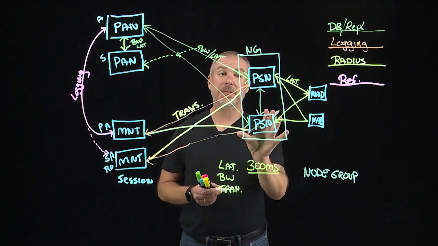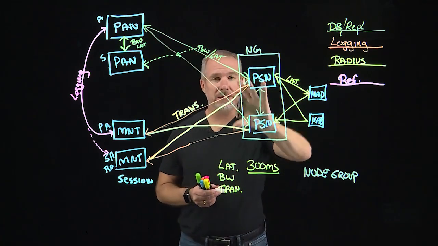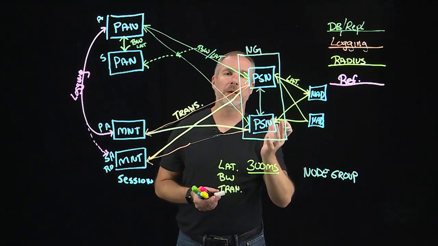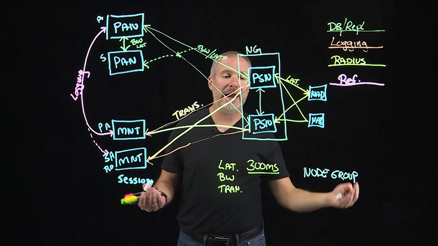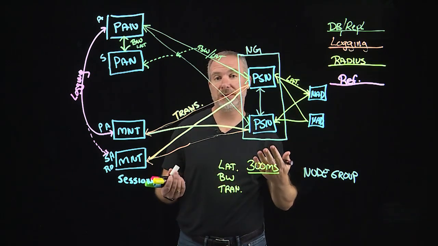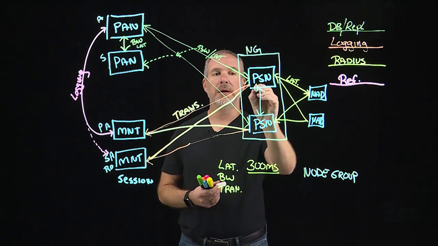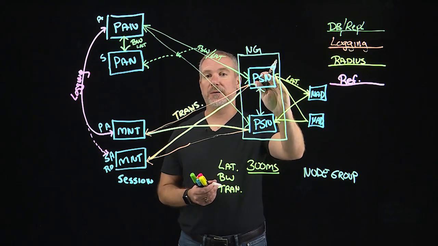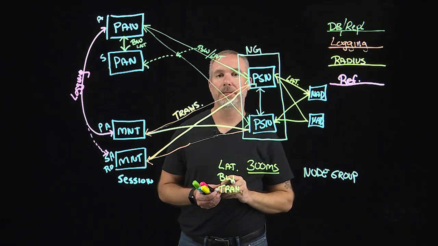This optimizes replication because there's less that has to be sent back up and over, since they're already updated locally in their group. It also helps me from a failover perspective, especially if I'm using things like profiling, because if I have a device that's attached to this PSN, he profiles it a specific way, he gets a new attribute, he'll be able to share that directly with his neighbor node group members so that if somebody authenticates over here for some reason, he already has that information available.